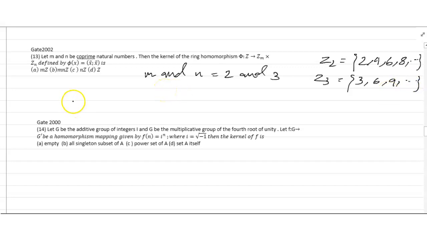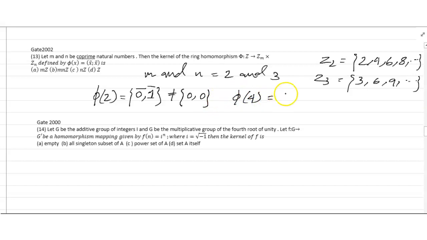So phi of 2 equals (0 bar, 1 bar), which does not equal (0 bar, 0 bar), and phi of 4 equals (0 bar, 1 bar), which does not equal (0 bar, 0 bar).